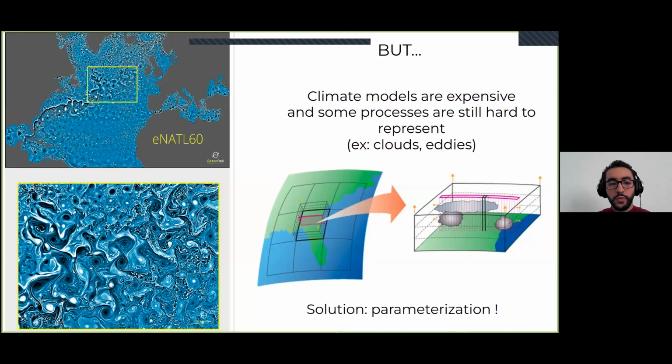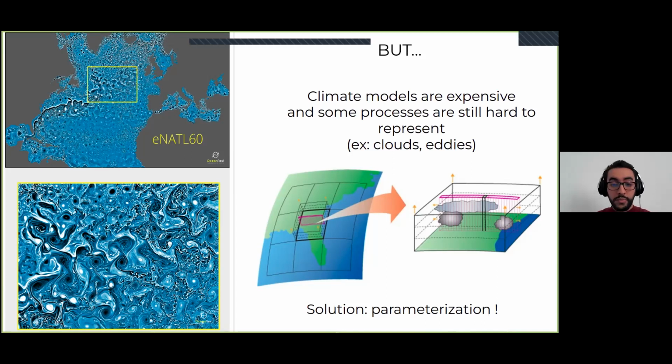For example, if you have a big grid cell, as I showed before, you do have a lot of processes happening in the grid cell. If we take the example of the atmosphere, you do have clouds, right? Sometimes the cloud is smaller than the size of the grid. So you cannot represent it. So you miss the effect of the clouds.